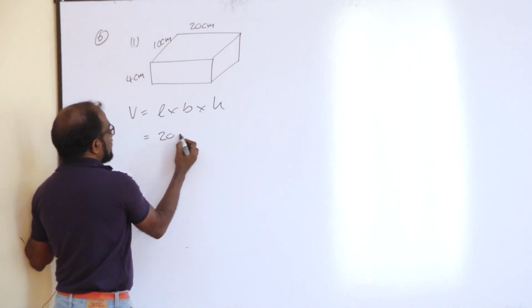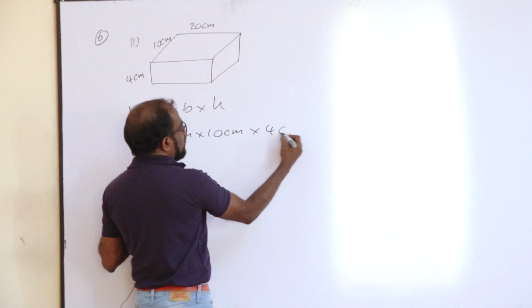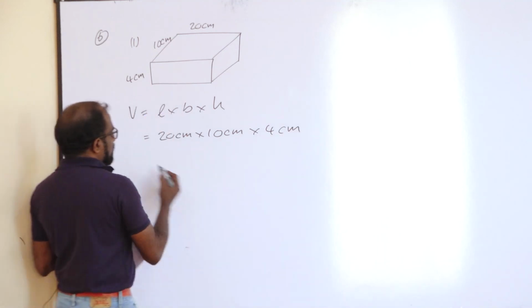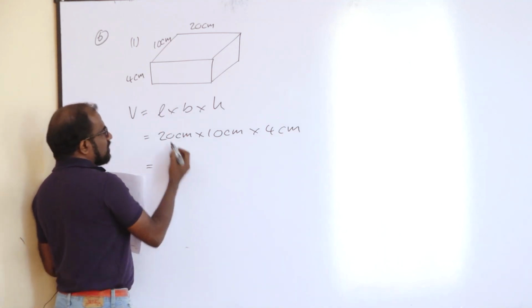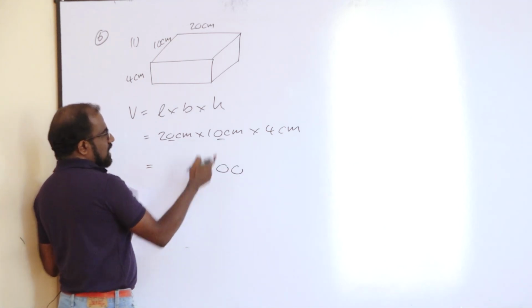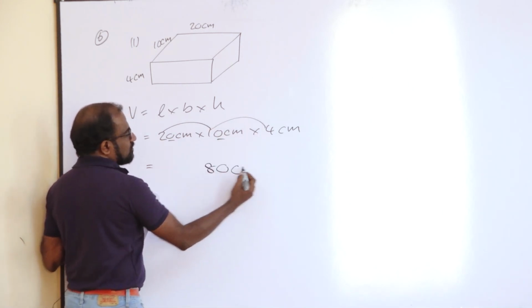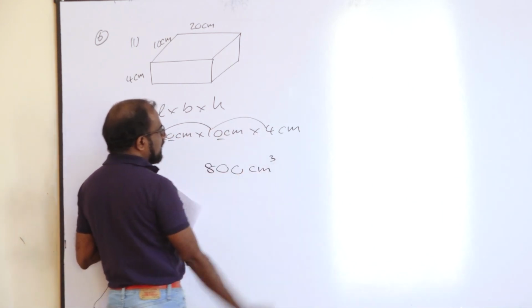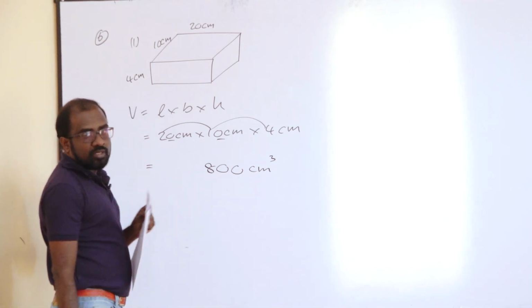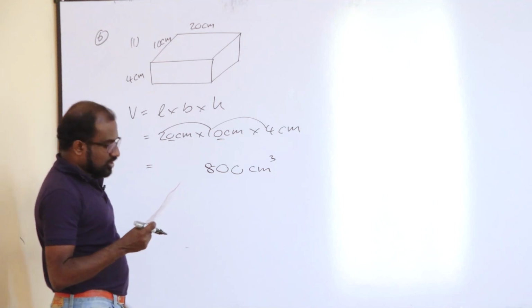Length 20 centimeters, breadth 10 centimeters, height 4 centimeters. Then we multiply. Put the zeros first. Then multiply. 2 times 1 is 2, 2 times 4 is 8. What is the answer? 800 cubic centimeters.